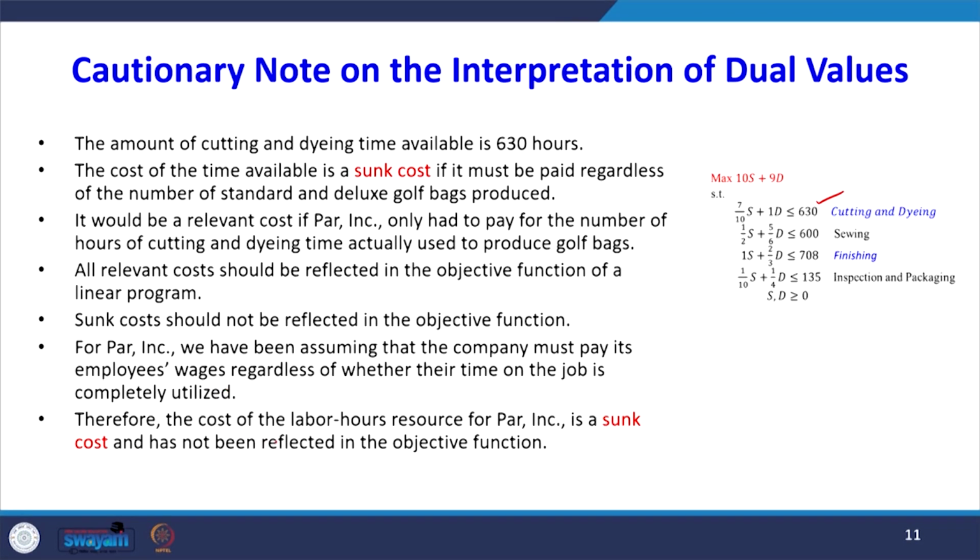Therefore, the cost of the labor hours resource is a sunk cost and has not been reflected in the objective function. So this is the caution which you have to note down at the time of interpreting the dual value. What is the point which you have to remember? The interpretation of dual value is only applicable for relevant cost, not for sunk cost.